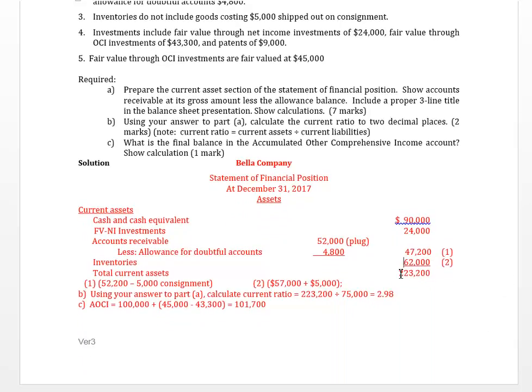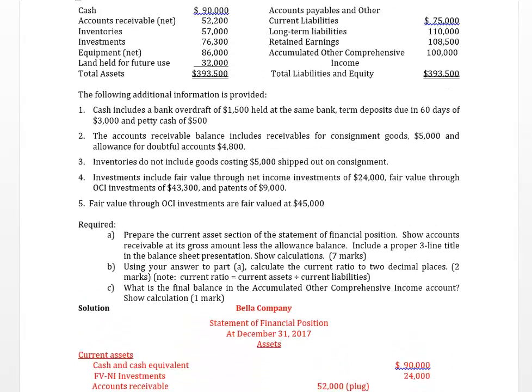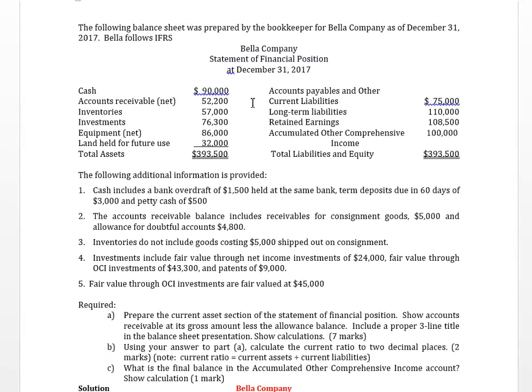So now we'll come up with total current assets of $223,200. In this example, we did not need to include, as we did in the previous version, our land held for future use in our land account here, because the company hasn't determined how they're going to use that land. So we wouldn't include it as part of our PP&E assets because it's not helping us generate revenue.